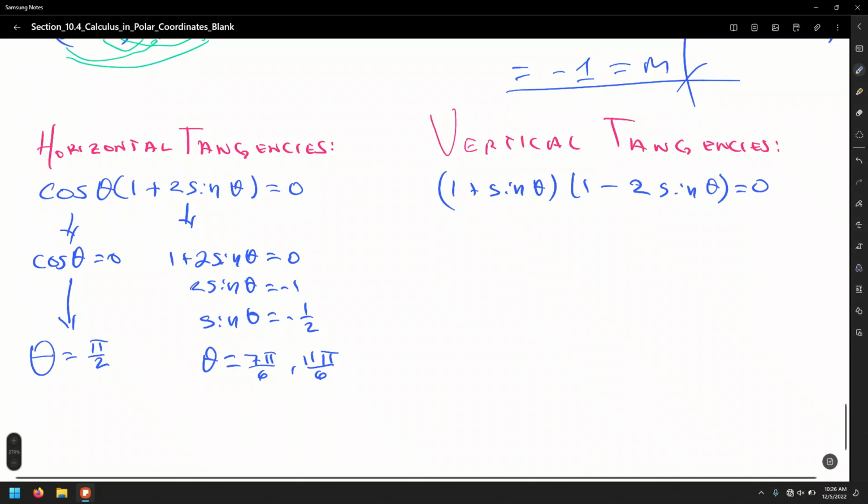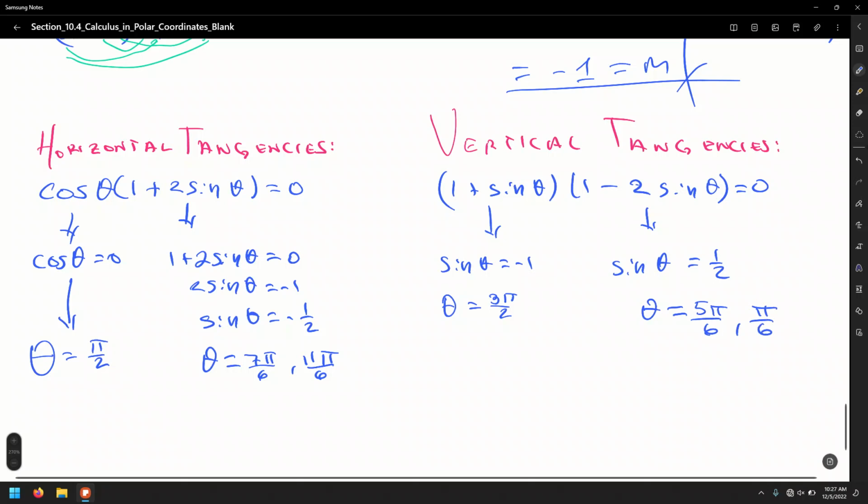So solve 2 equations. In this case, sine theta equals -1, and in this case, sine theta equals 1/2. So the sine function is equal to -1 only whenever theta equals 3 pi over 2. And sine theta is positive 1/2 whenever theta equals, in this case, the other 2 angles, 5 pi over 6 and pi over 6.